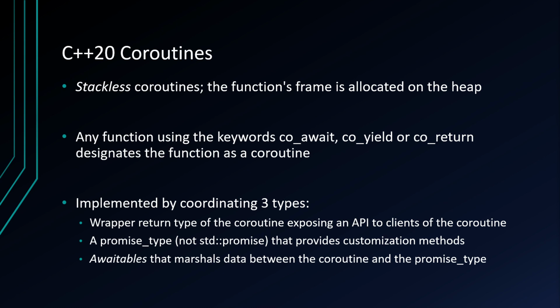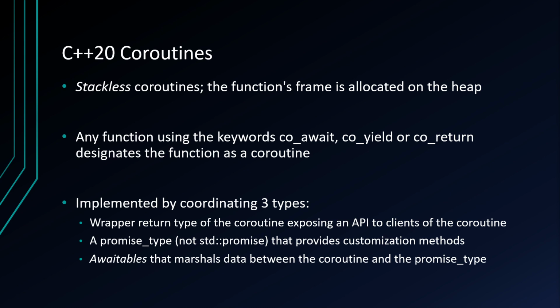It is literally called promise_type, it has to be that identifier inside the wrapper. And this is the thing that you use to customize the behavior of the coroutine in terms of suspending and resuming and so on. We're going to look at that in more detail when we get into the code example.